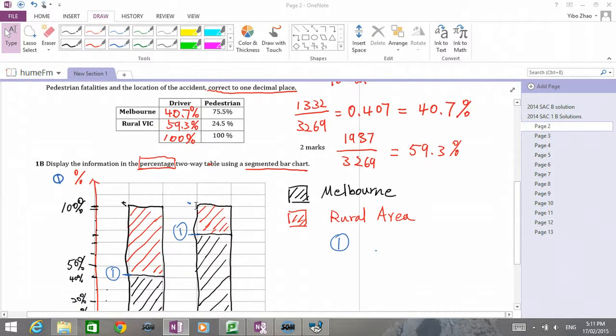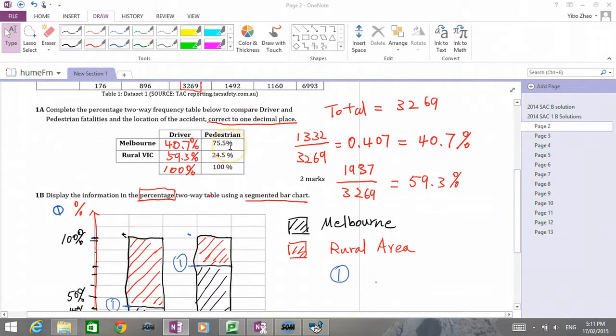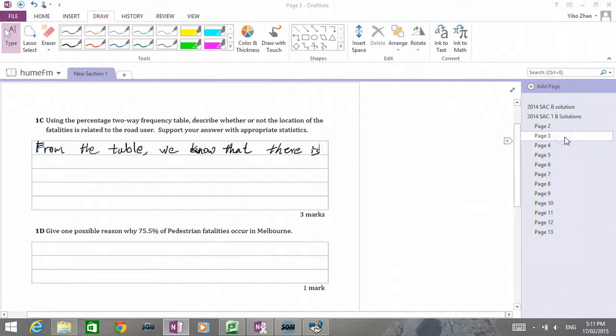Well, what I can say is we have a higher percentage of pedestrian fatalities over Melbourne, which is 75.5%. Okay, so it's just a normal way you would describe it.